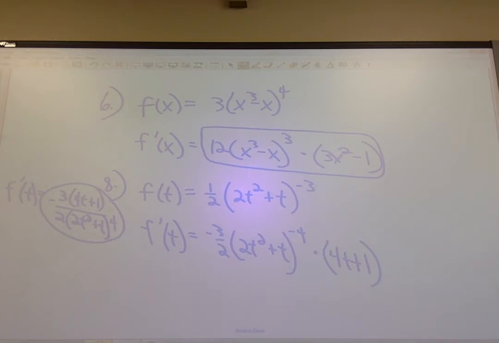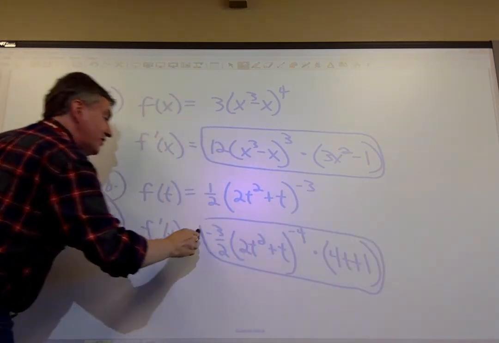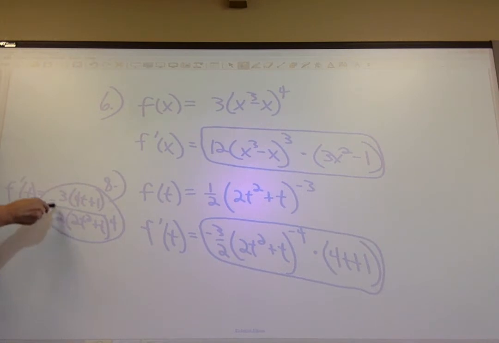Would that confuse anyone? Is that okay? But to me, this is fine. But you would agree with me that if you wrote it like this, wouldn't this be easier to plug t into? Probably. If they said t is 1, to plug 1 in there, and that's 2t squared. Yeah, that's right. Good.